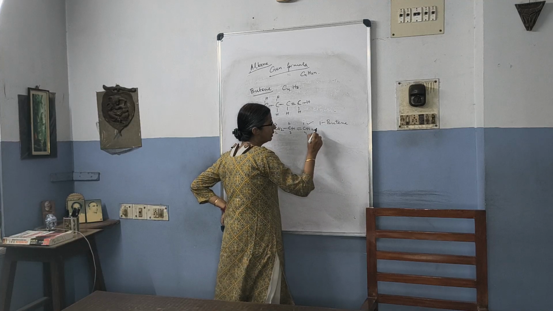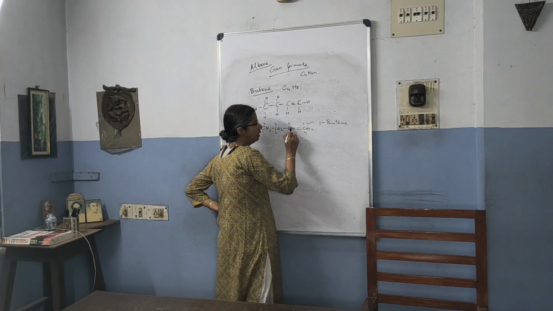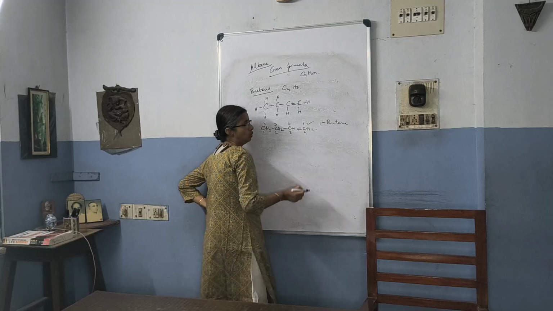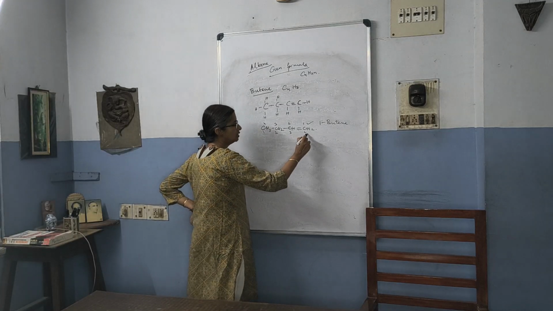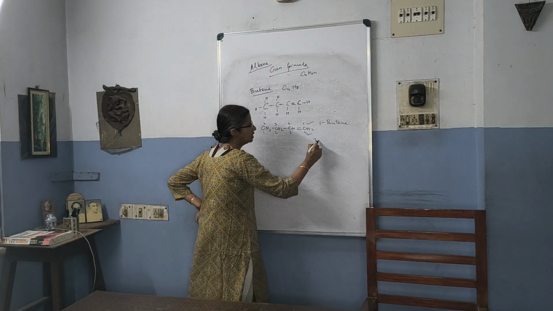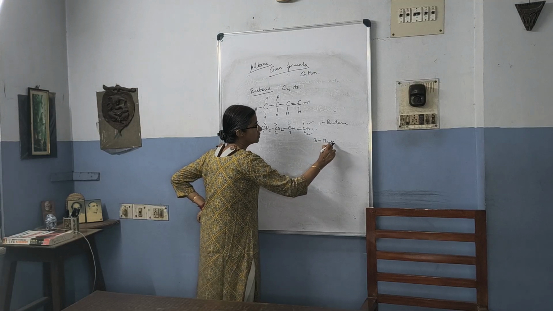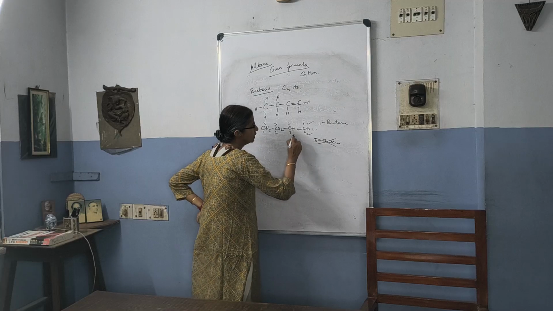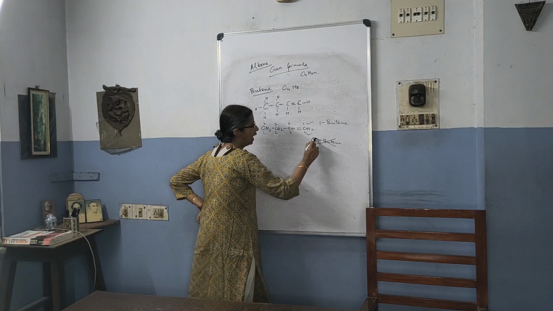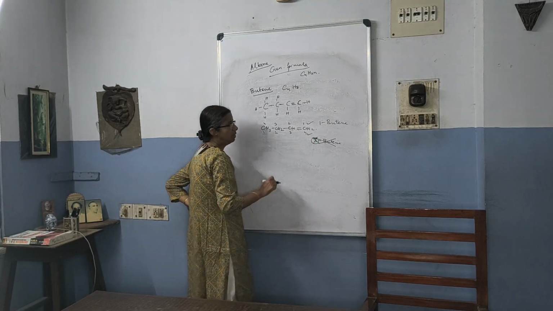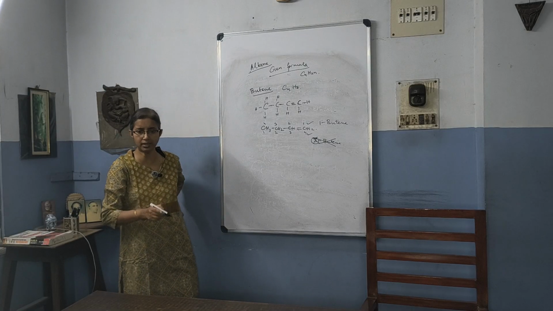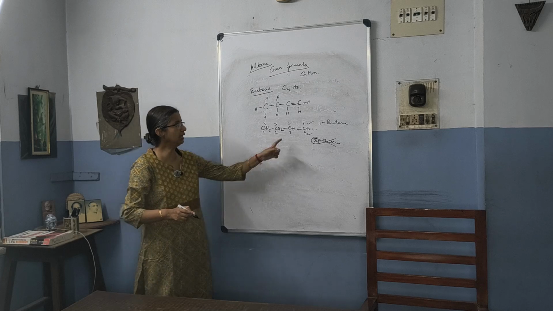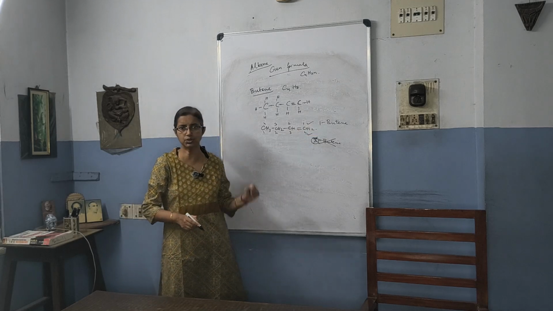This means the position of the double bond is between the first carbon and the second carbon. But if we take this way, we will get 3-butene, which is not accepted because the double bond gets the higher position. The double bond always should get the lower position. We should name it so that it can get the lower position.